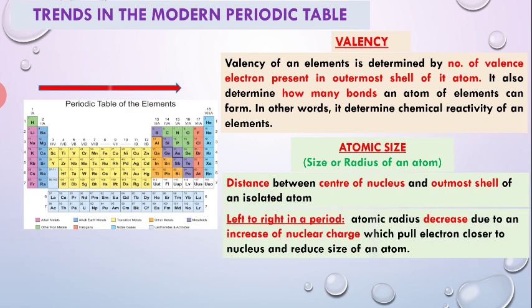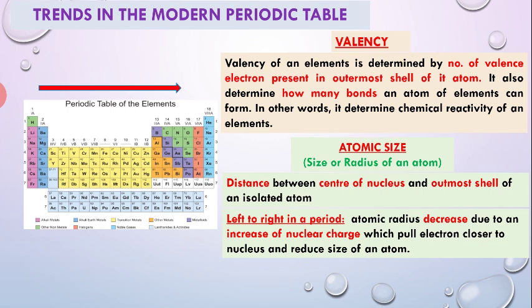As we move from left to right, atomic radius decreases, due to the increase of nuclear charge, which pulls electrons closer to the nucleus and reduces the size of the atom. As we move from left to right in a period, there is a decrease in atomic radius because of the increase of the nuclear charge.